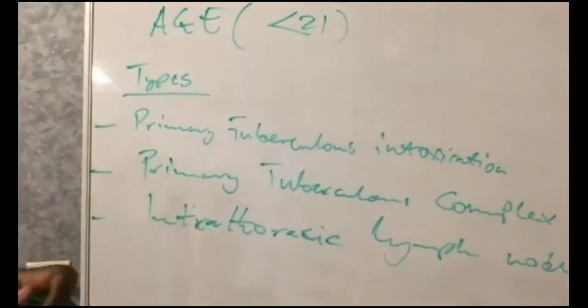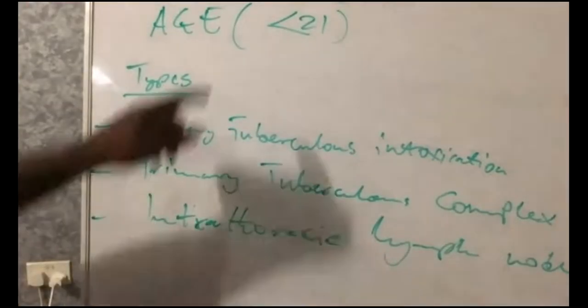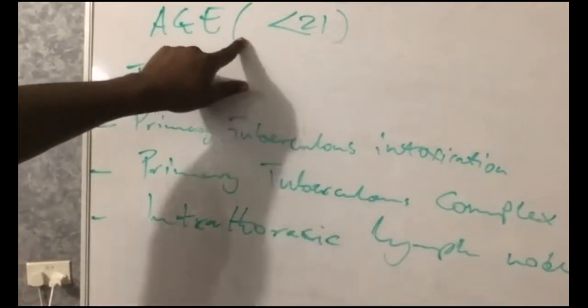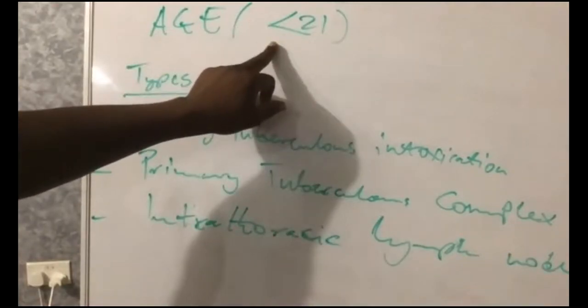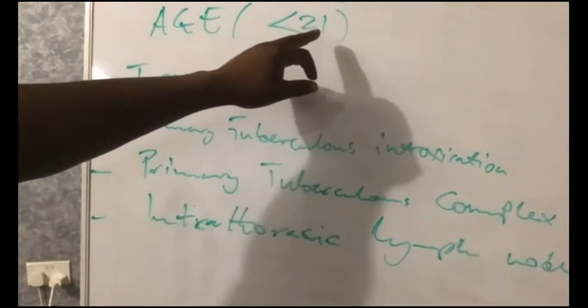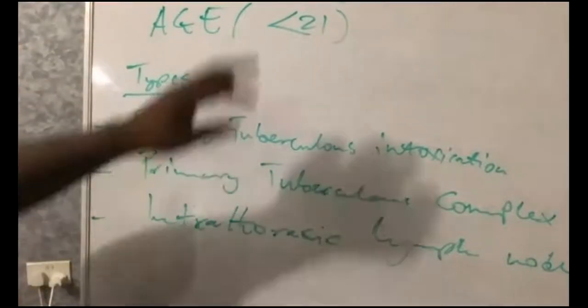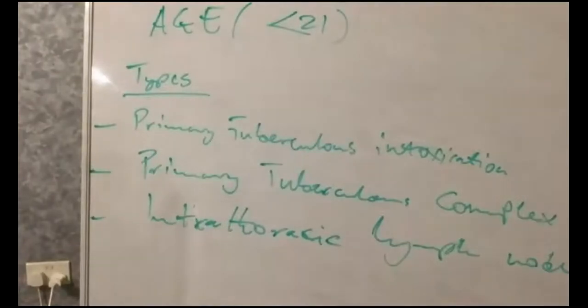So first of all, if they give you the question, look at the age of the patient. If it's talking about tuberculosis, look at the age of the patient. If the patient's age is below 21, think of primary tuberculosis. It doesn't matter how many things that they are talking about. Still let primary tuberculosis be part of your differentials.